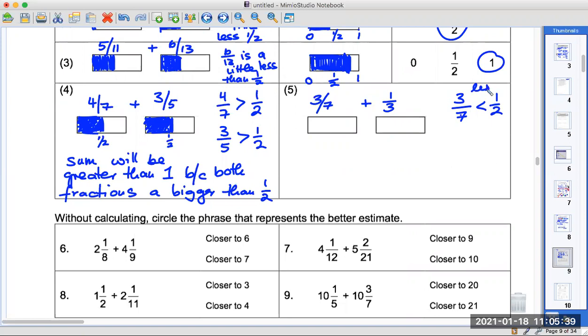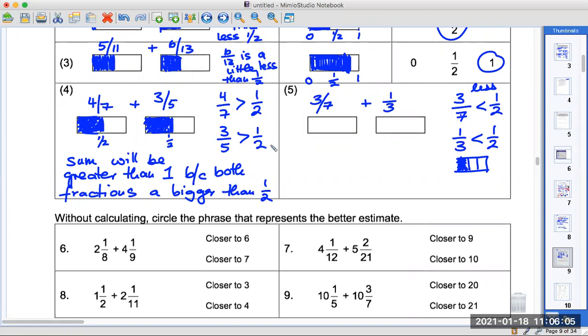Remember the signal. I want you to remember this means less. 3/7 is less than 1/2 because you only got 3 out of 7 pieces. So you got 4 pieces left. And 1/3 is also less than 1/2 because you have 1 out of 3 pieces. Remember, you got 3 equal parts, but you only got 1 of them. So you got less than 1/2.